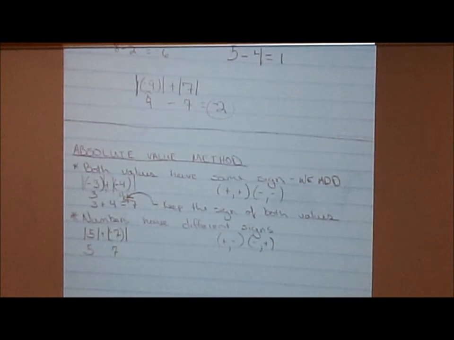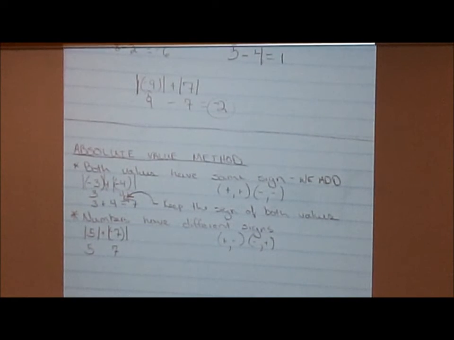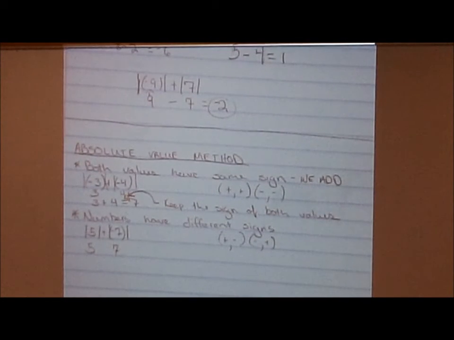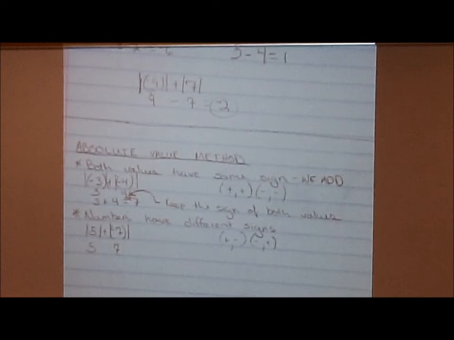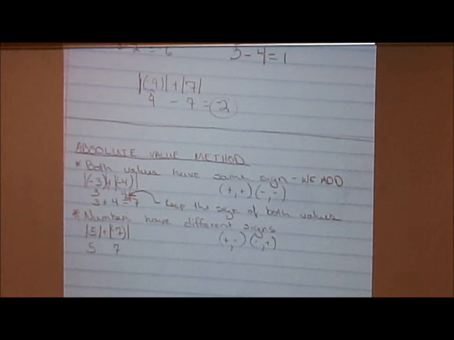You need to know. You can't just rely on it's always positive. Why is absolute value always positive? Because there's no such thing as a negative distance. Absolute value measures the distance. Okay? Is that clear?